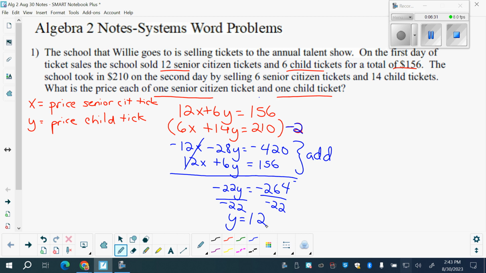What do we do next? We plug in 12. Yes, either equation, doesn't matter which.